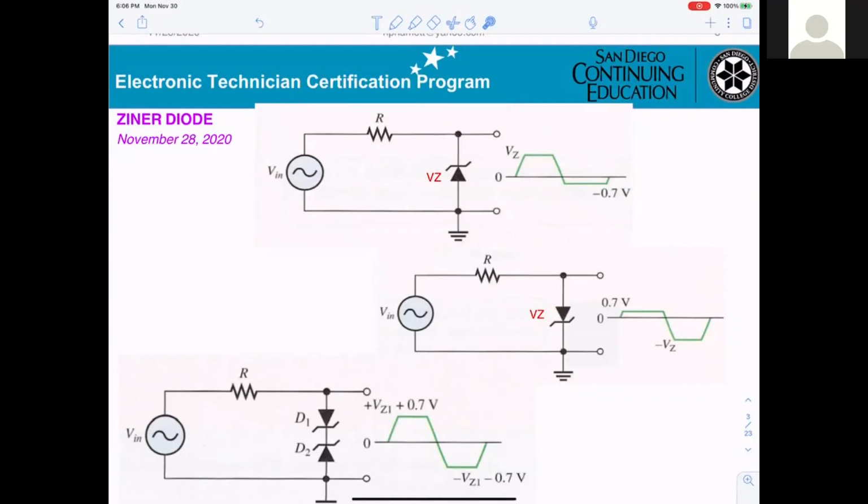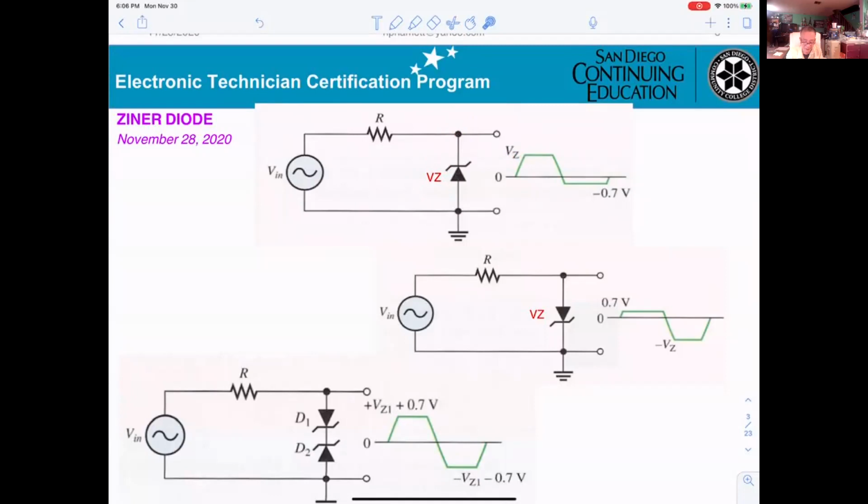Can you explain one more time? Okay, now when we apply the sine wave into the Zener circuitry, for a positive cycle, that means you get a positive voltage here. If that voltage is higher than VZ, it will be cut at VZ, okay?